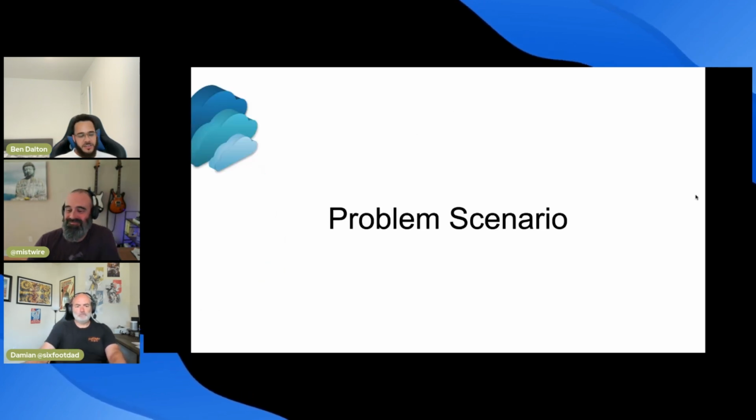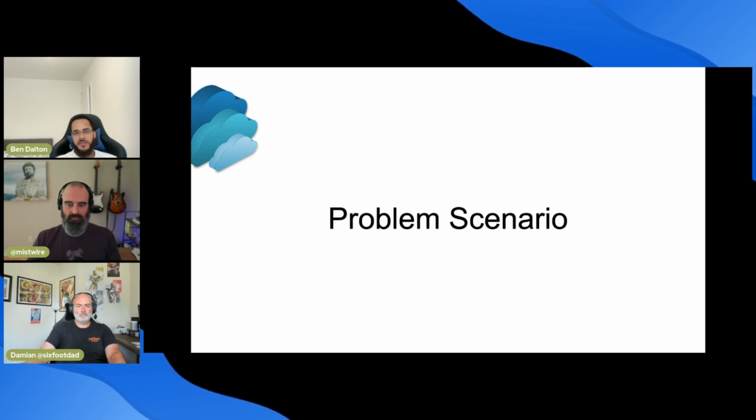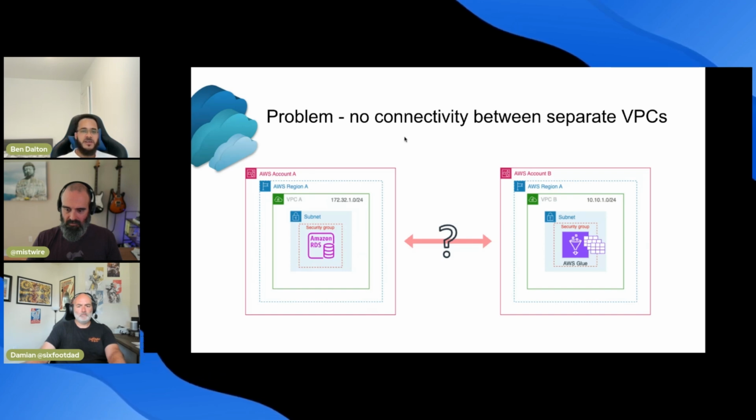So now I'm actually going to talk to you about a problem that I encountered, and this is how I discovered VPC peering back when I was working on one of my projects with a client. The actual problem was, I was working with a data platform team, and we needed to enable our data analysts to access and explore some data that existed in a different AWS account on an RDS instance.